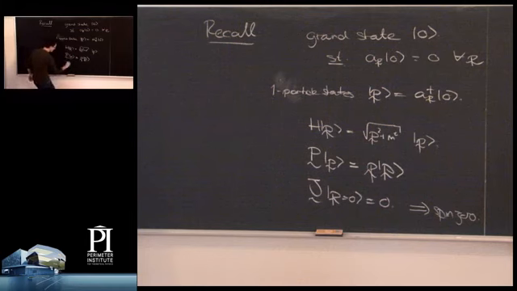And finally, we also looked at the angular momentum of this particle when it was sitting there at rest. And we found that it was 0, which we interpret as the fact that this is a spin 0 particle.